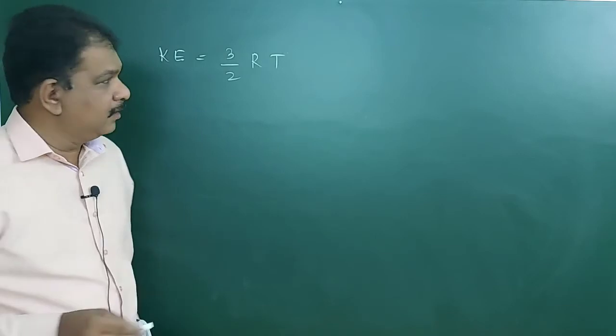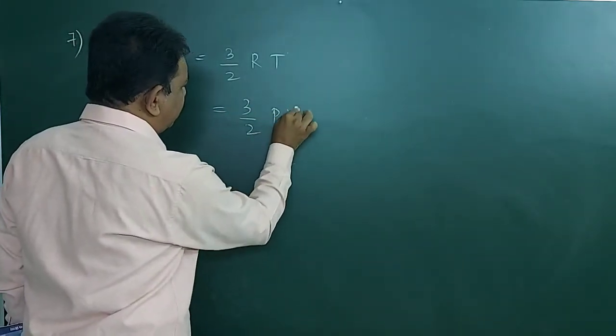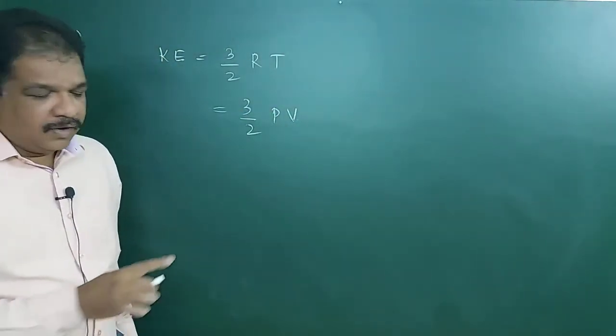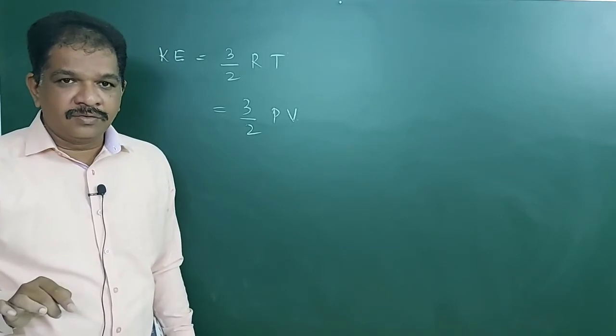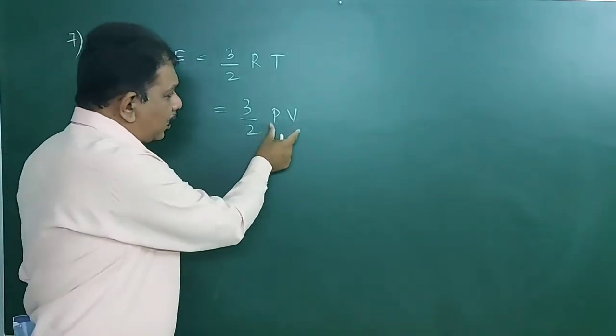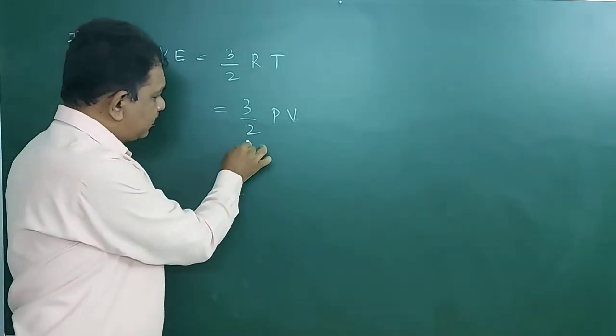Is it understood? If you take the formula 3/2 PV, when pressure changes, automatically volume will also change, but this product will remain constant.